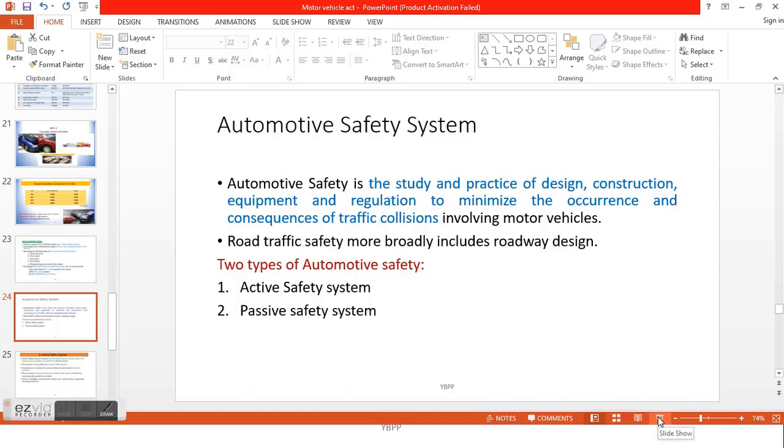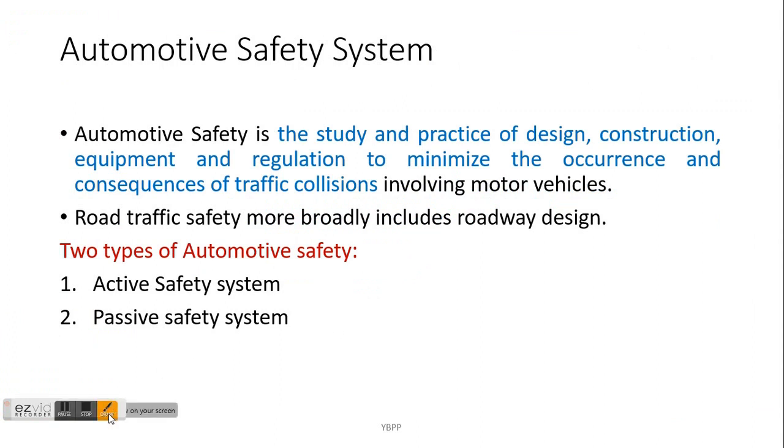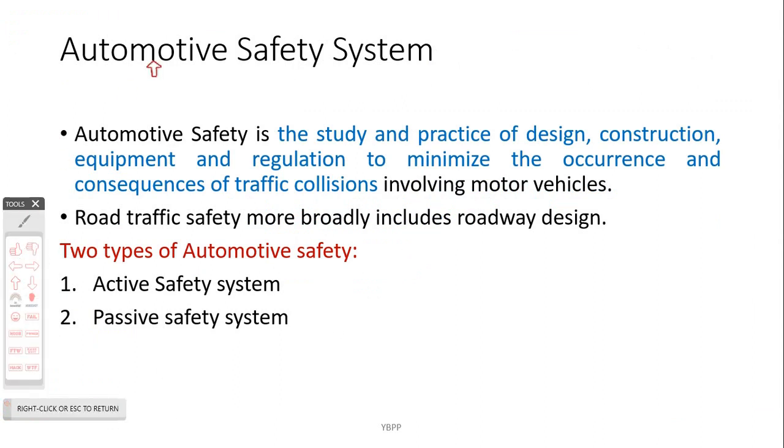So next is the automotive safety system. What is meant by automotive safety system? It is the study and practice of design, construction, equipment and regulation to minimize the occurrence and consequences of traffic collisions involving motor vehicles.